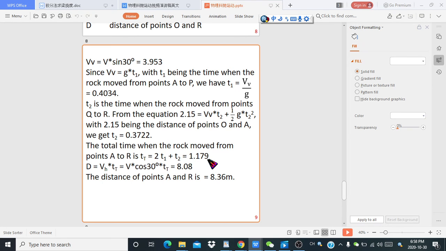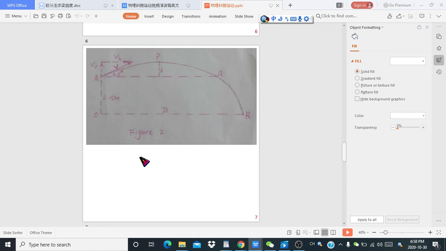With this total time and the horizontal component of velocity v, we get the distance d. What's the distance d?